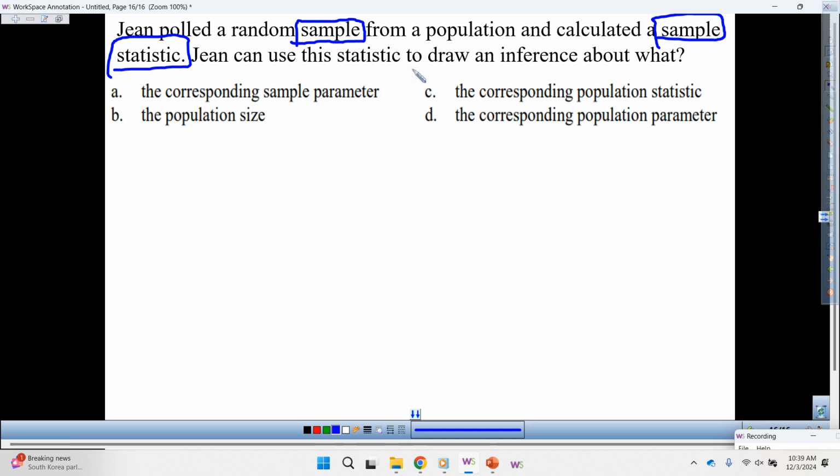Jean can use the statistic to draw an inference about what? Is it A, the corresponding sample parameter, B, the population size, C, the corresponding population statistic, or D, corresponding population parameter. Talk with your neighbor, let them know what would you select and why.